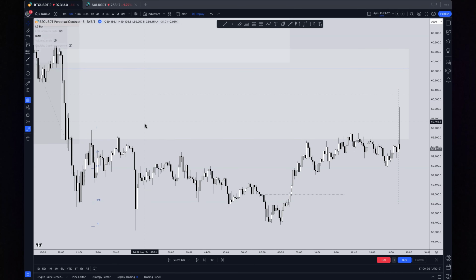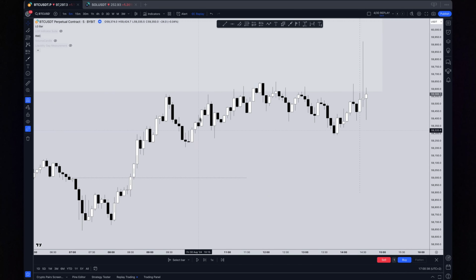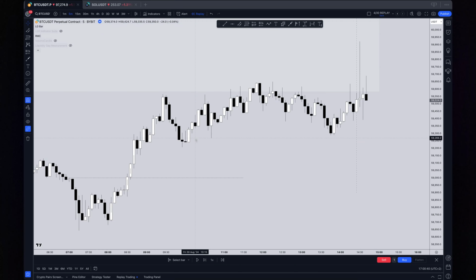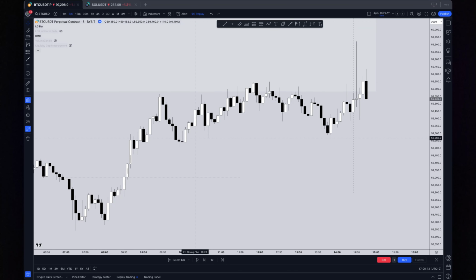Oh yeah, that's beautiful. That's beautiful. Crazy spike up. That sweeps, forms a swing. Nope.